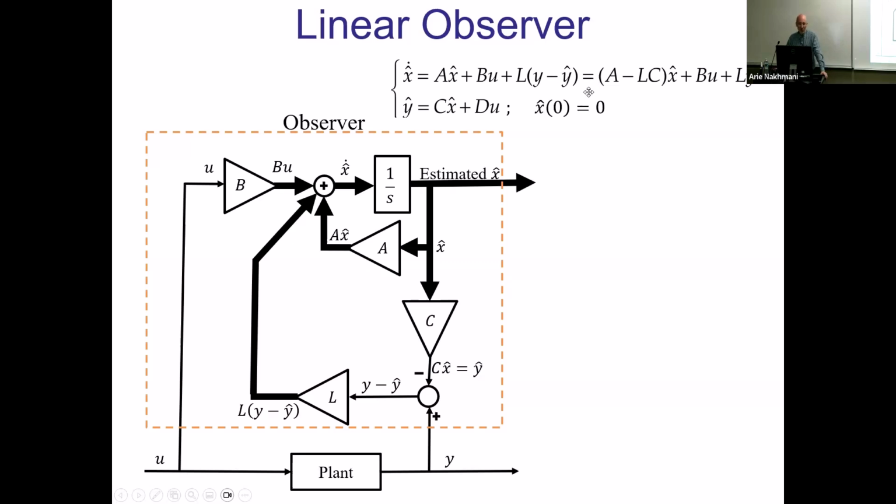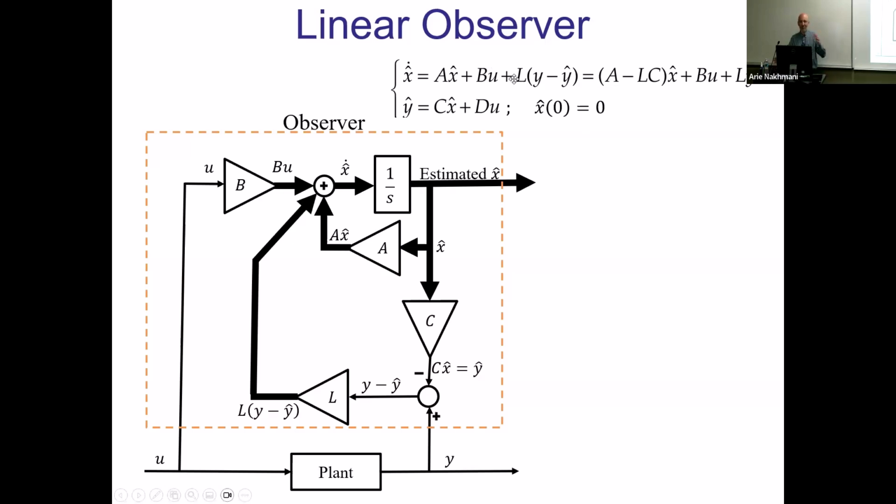Now you can combine it in a different way, because Y estimated equals C times X estimated, by definition. So you can take it inside and write that matrix as A minus LC. So that L times C, which is sitting here, times X estimated, plus BU, which is from here, plus LY, which is from here.